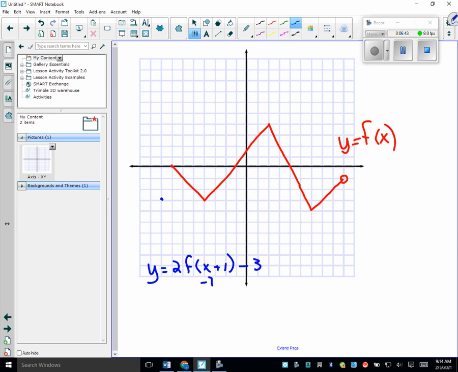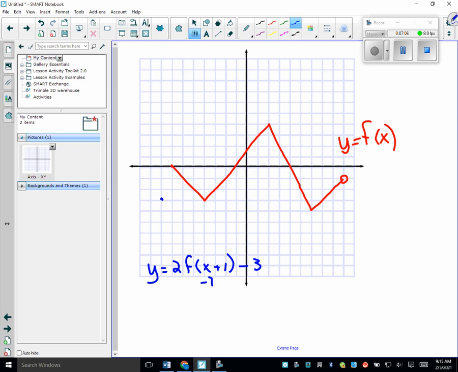What am I going to do with this point? This is -4, isn't it? Yes. And if I shift it 1 left and 3 down, but then it's times 2. So there should be 2 left. No, only what?